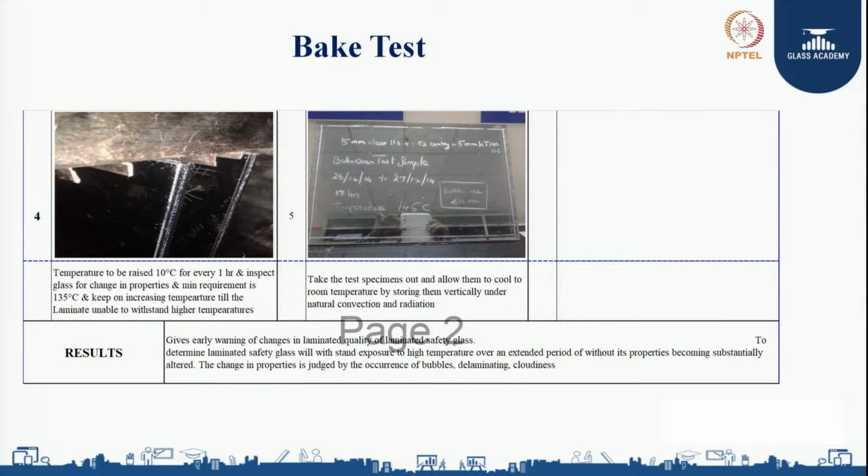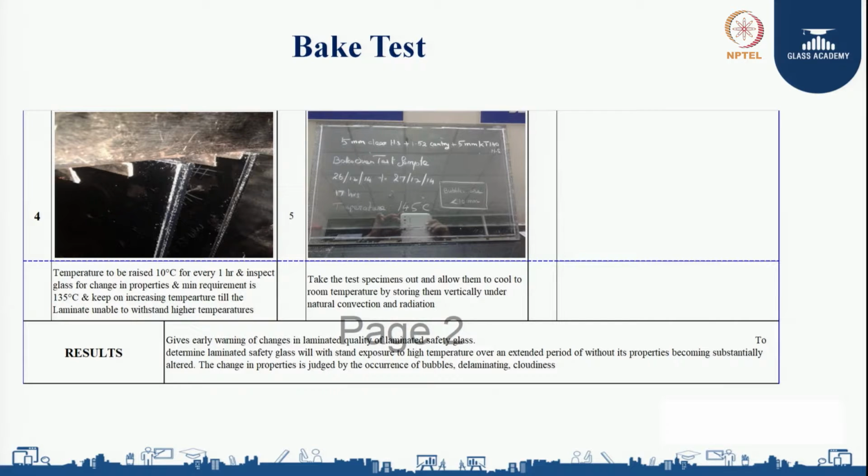So if you see the fourth photo, the procedure is, suppose my glass is kept at 100 degrees centigrade for 16 hours. Then after 16 hours, I need to take out the glass and check for changes in the properties of the glass. If there is no change, then on the 17th hour I will increase the temperature from 100 to 110 degrees centigrade.